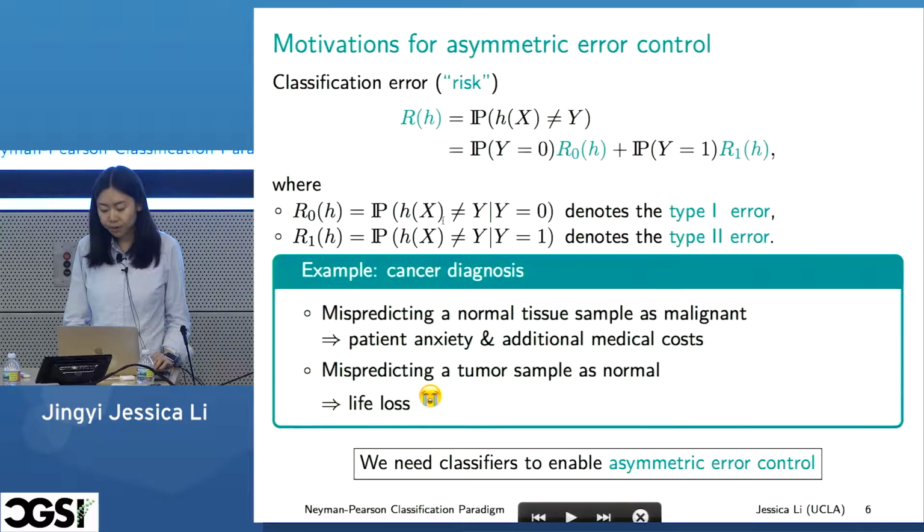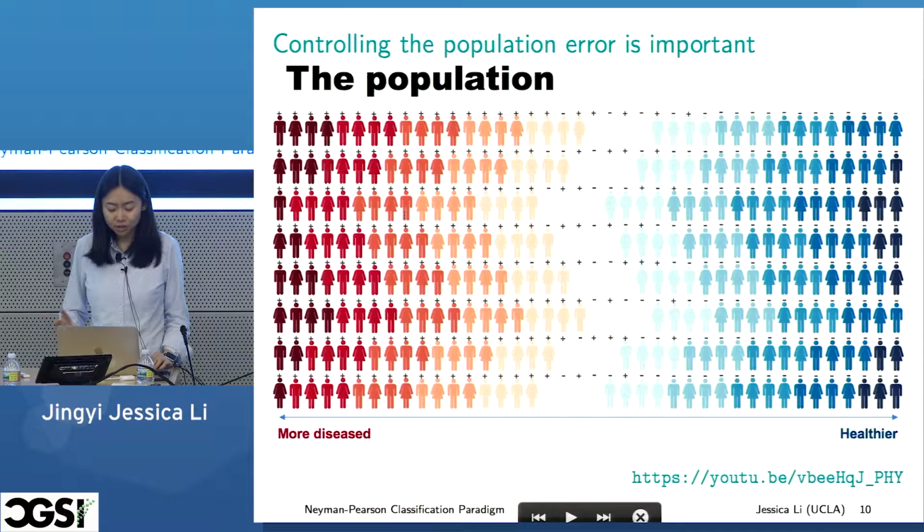In this example, if you want to watch the YouTube cartoon, it's actually in this link. I'm just going to explain it using some images. We have the whole population of people plotted here, and the color indicates their health characteristics.